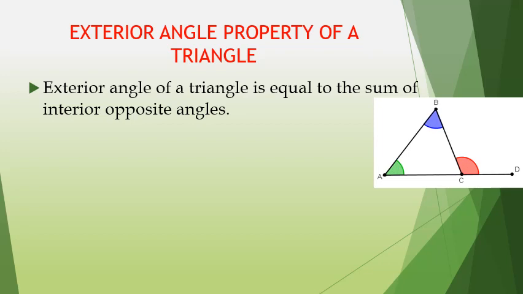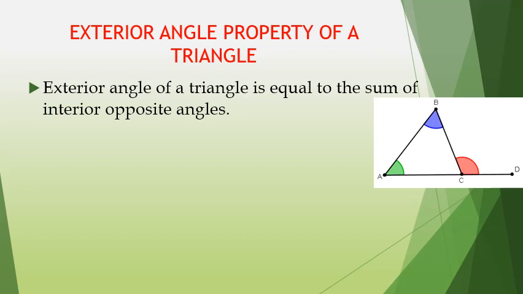How will we get the exterior angle? It is the sum of the opposite interior angles. Which are the opposite interior angles? Angle ACB is the adjacent angle of angle BCD, so angle ACB will not be an interior opposite angle.